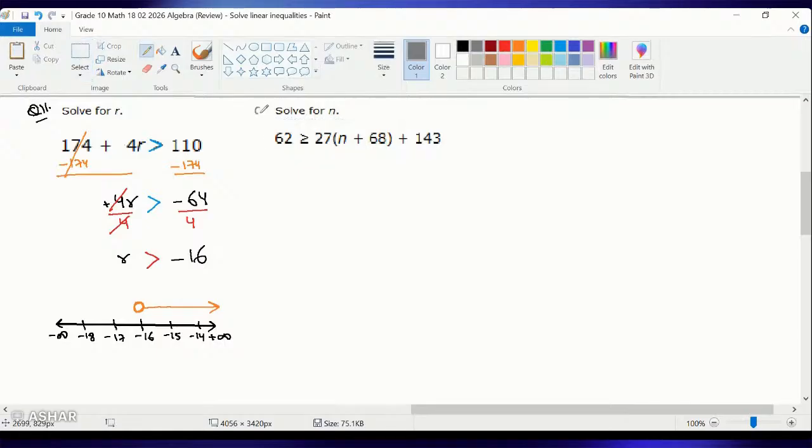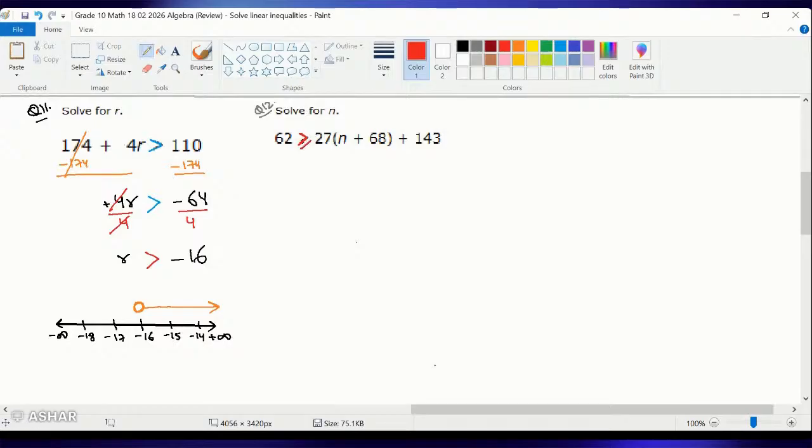This is our question number 12. So let's find some values. What we can say is this is greater than or equal, right? I'll just rewrite this, greater than or equal.